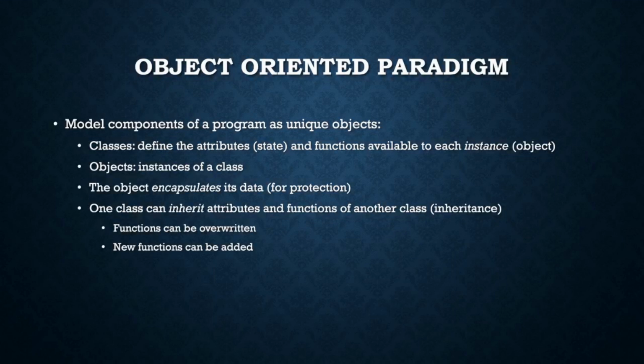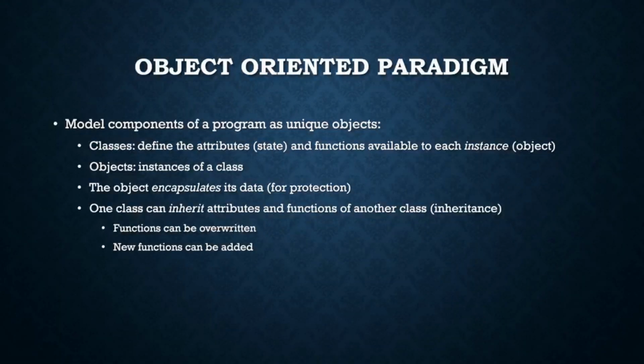Now, another part of the object-oriented paradigm is that we don't just define classes as unique things. Classes can actually inherit from each other. So if you have a person class and then a worker class, then worker inherits from person. Or in a game, you might have a character class, and then a player character class that inherits from the base character, and also a non-player character class that inherits from the base character.